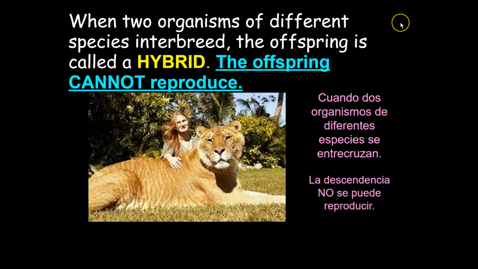Okay, and then when two organisms of different species interbreed, they're called hybrids. And the thing is that the offspring cannot produce more offspring. So they can't have babies. So this is a cross between a tiger and a lion, and it cannot go and have more babies.